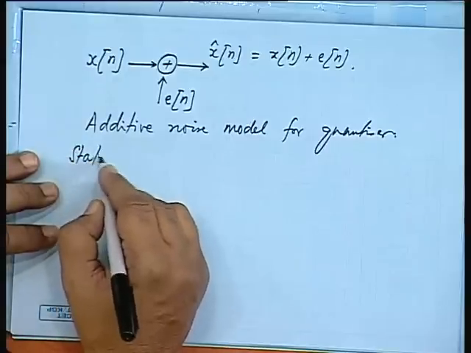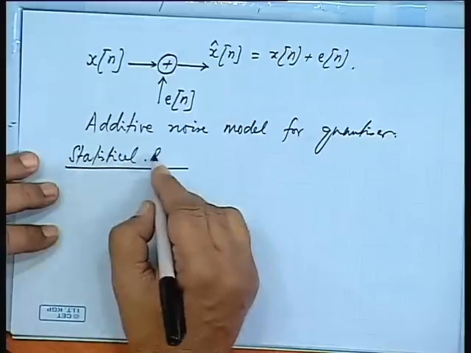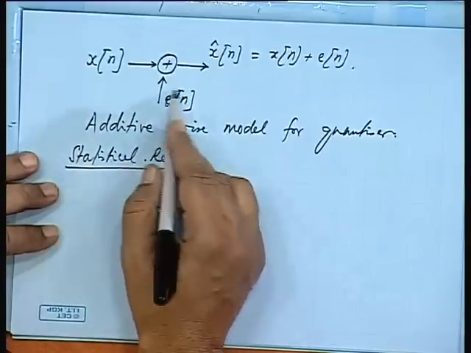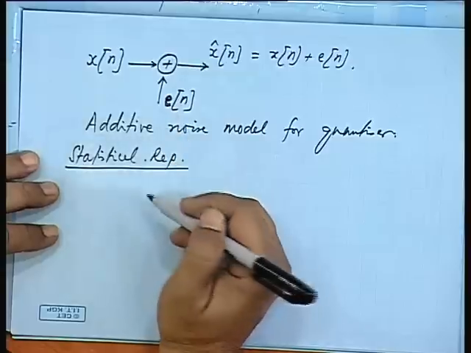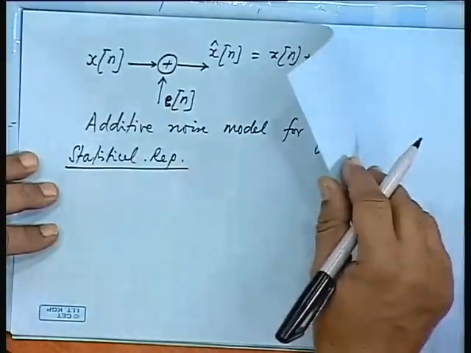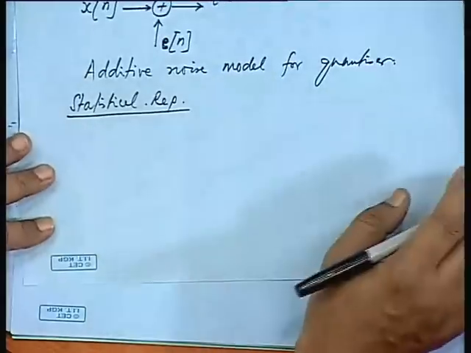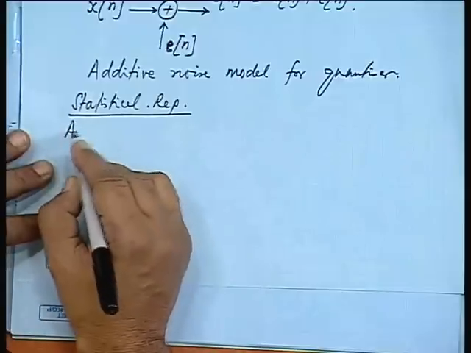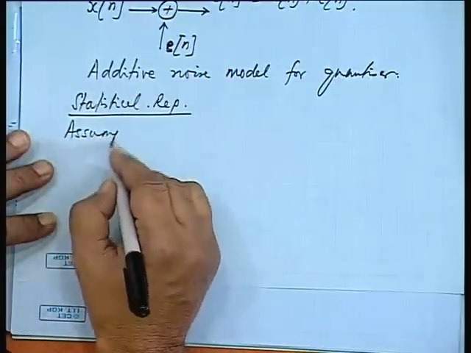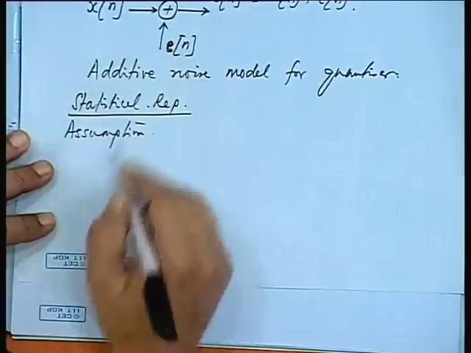Now, what will be the statistical representation of this error, the noise? We are making certain assumptions at this stage about the property of this noise.